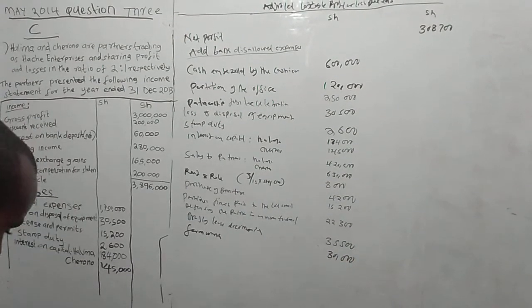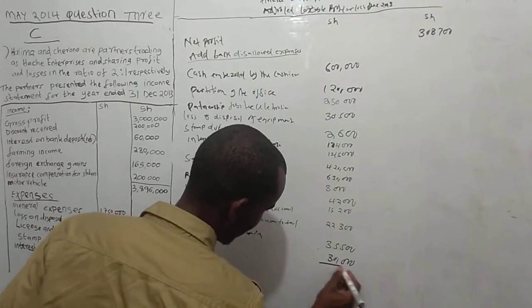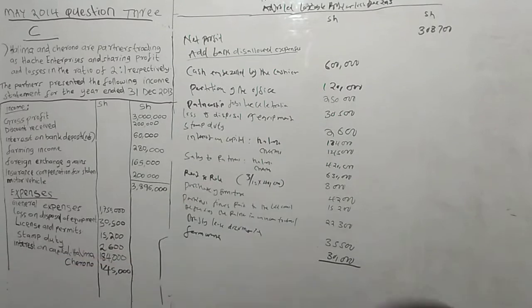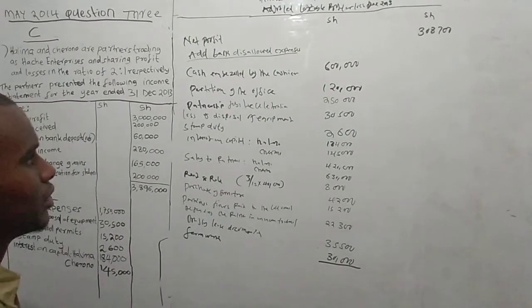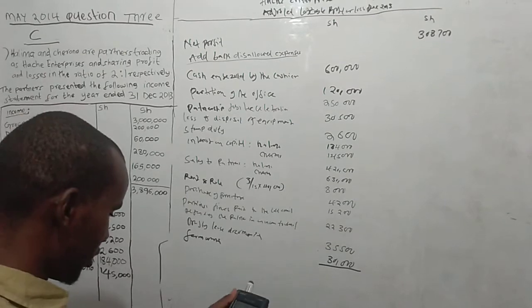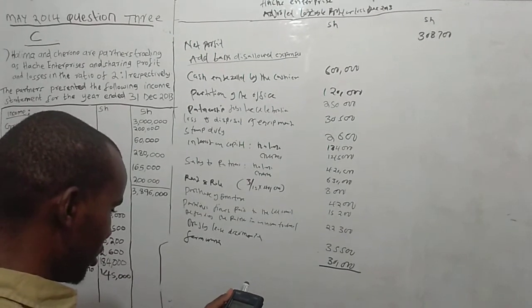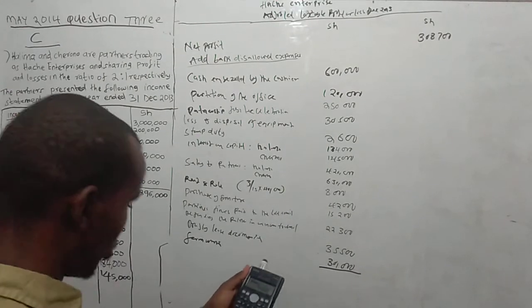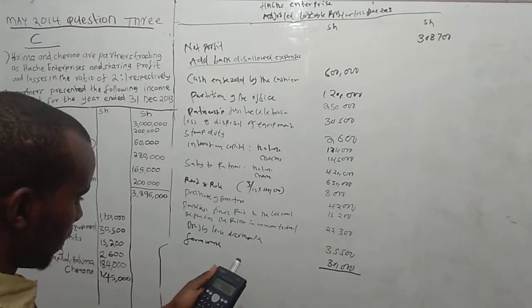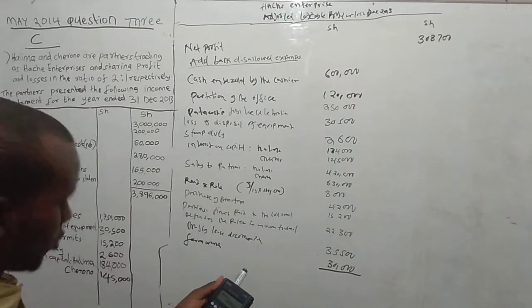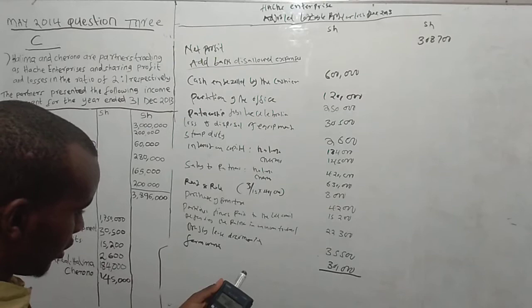So let's add these total disallowed expenses. Taking my calculator, I take 600,000 plus 120,000. I add 250,000. I also add 30,500. I add 2,600.